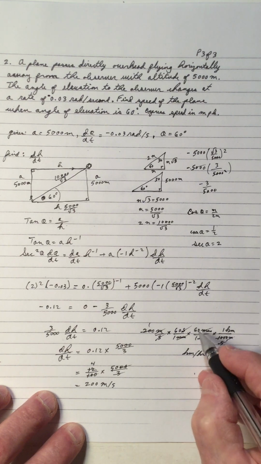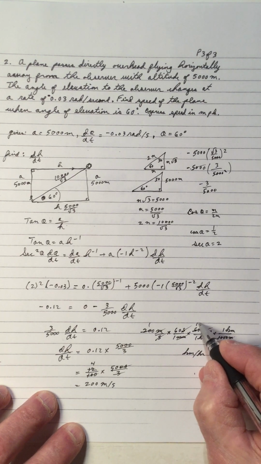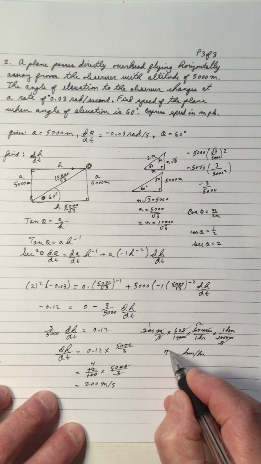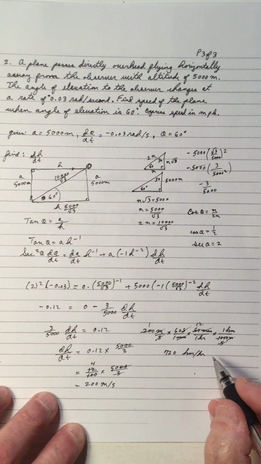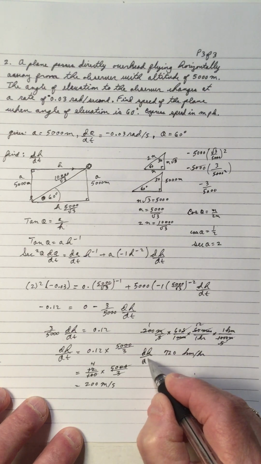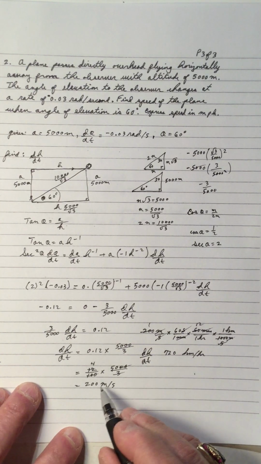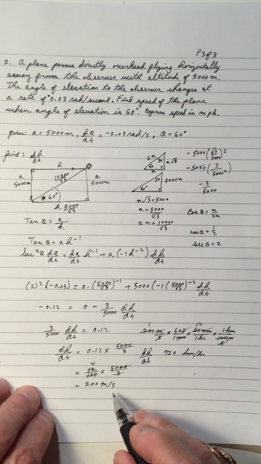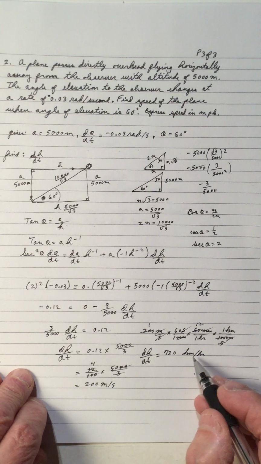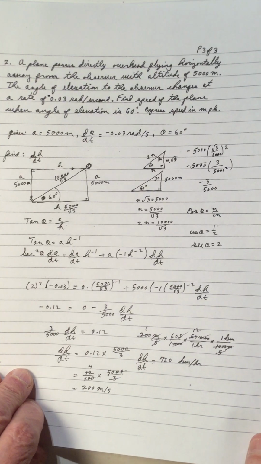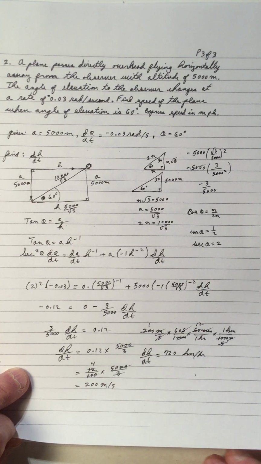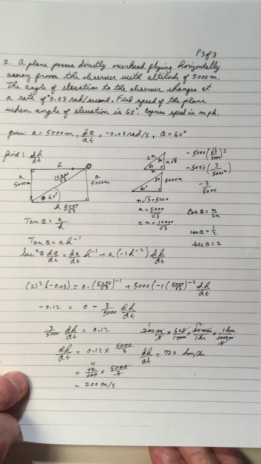And 5 into 60 goes 12. And so we have 60 times 12 is 720 kilometers per hour. So that's the speed of the plane, 200 meters per second, or 720 kilometers per hour. There's a couple of problems I want to do on the angle changing derivative.